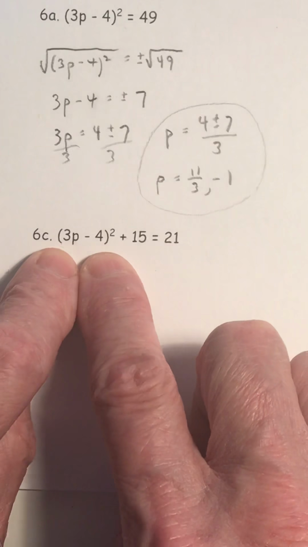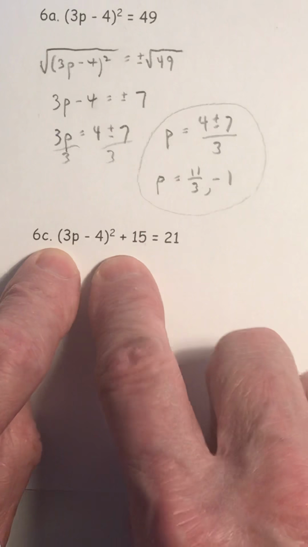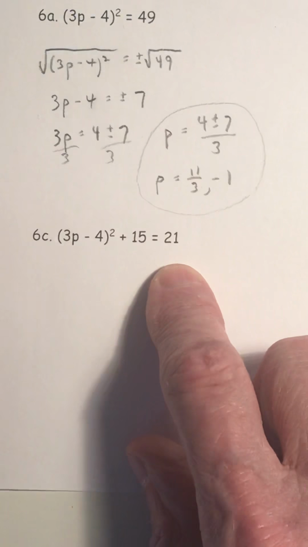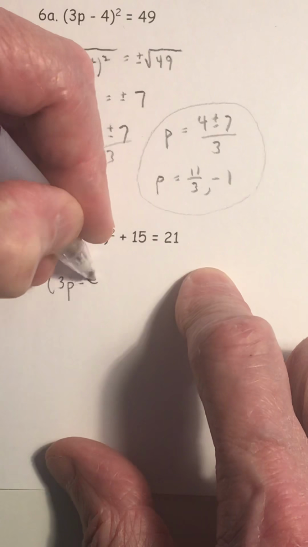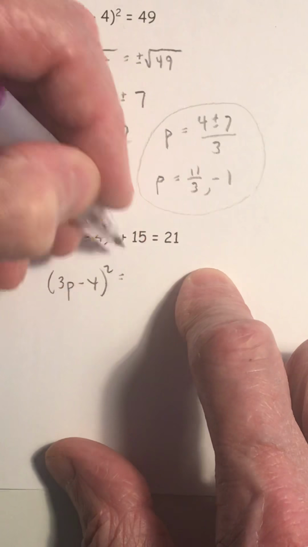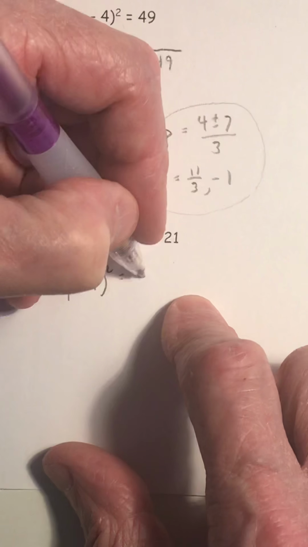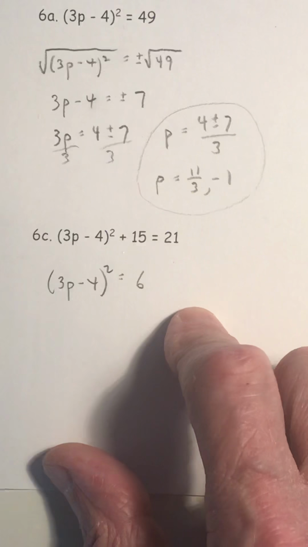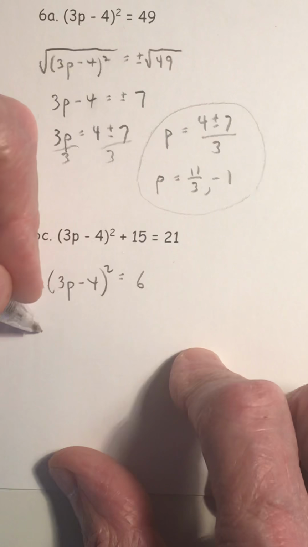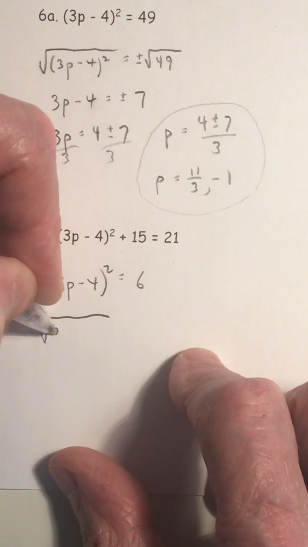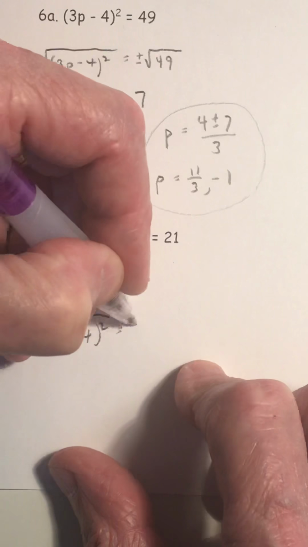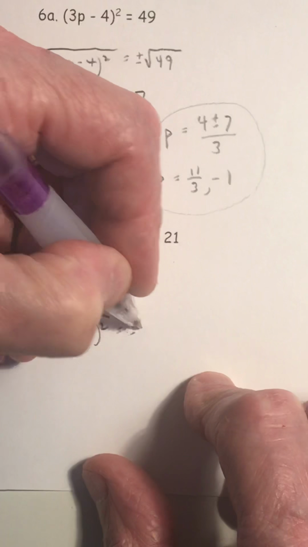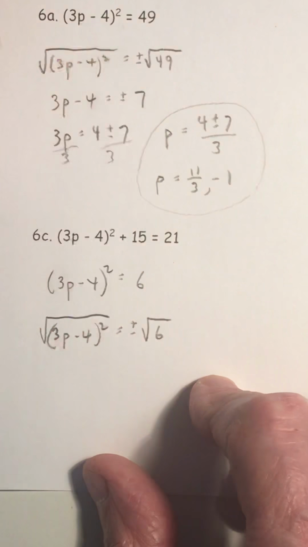This one doesn't have the square isolated yet, so we would start by subtracting 15 from both sides. And we have 3p minus 4 squared equals 21 take away 15 is 6. And now I take the square root of both sides. Lots of writing again, huh? Oh boy.